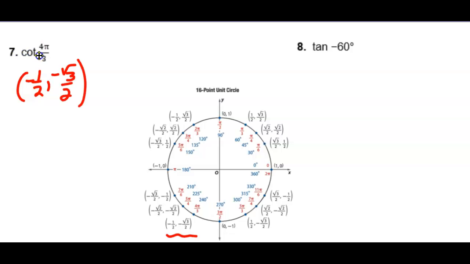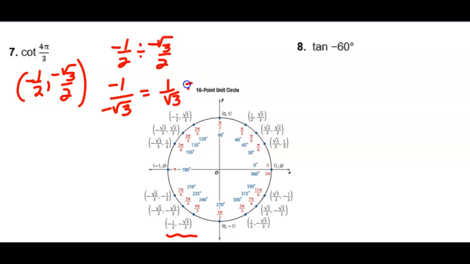Well, tangent is y over x, so cotangent is x over y. If you want to write it all out, remember it's this, x over y. But I told you the divisors are going to go away, so I'm going to end up with the x numerator over the y numerator, which is just 1 over the square root of 3, which rationalizes to square root of 3 over 3.